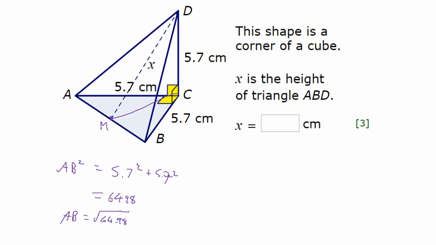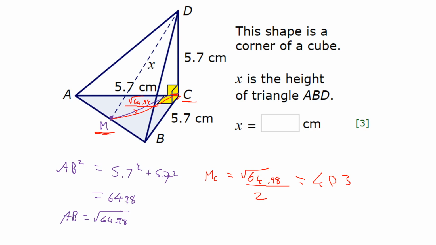However, we know that MC, which is this line here, is half of that. So this is going to be root 64.98 over 2. I'll write that down here. Which is the same as 4.03.